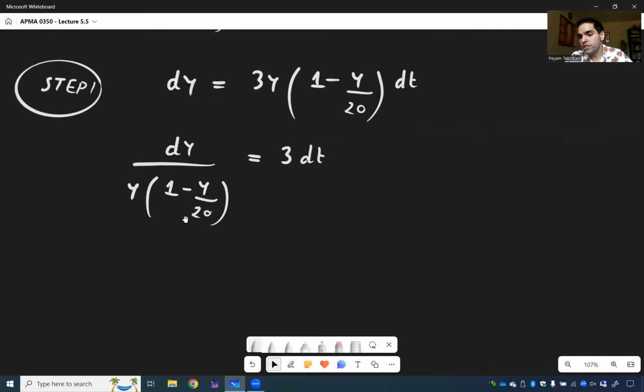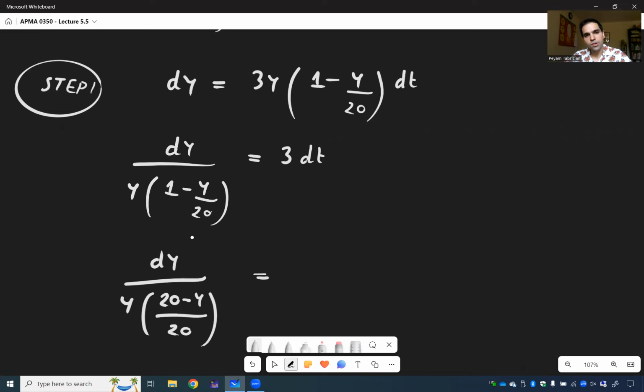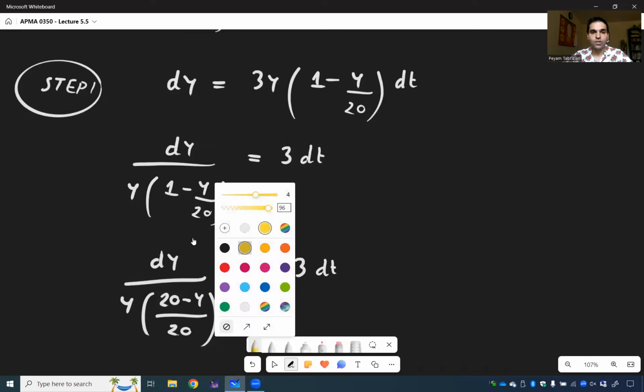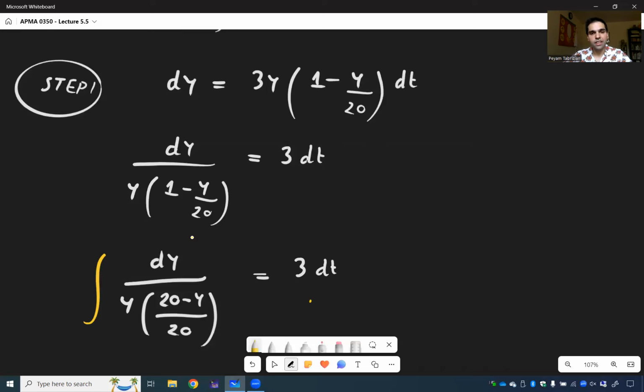Okay, now there is this pesky 20. As you'll see, it'll make it easier to put it on a common denominator. So dy over y times 20 minus y over 20 equals 3 dt. And of course, we have all the y's on one side, all the t's on the other side. So as usual, let's integrate.